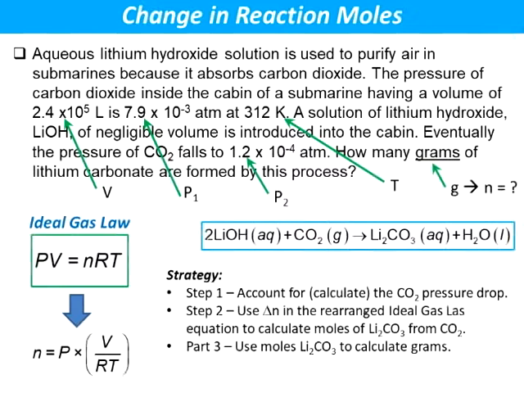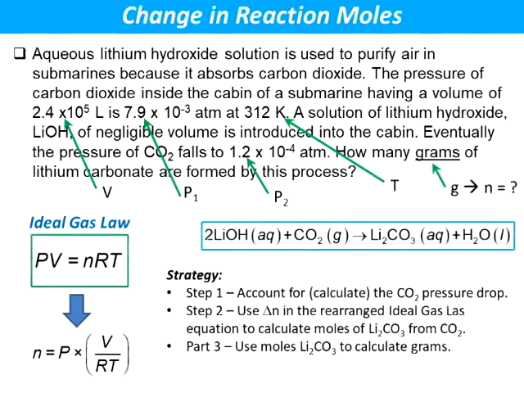Therefore, since I see PVT and moles through grams, I know that I can use an ideal gas law equation for this problem. I write out then my balanced equation. I must have a balanced equation when I work any of these problems. So when I take a look at my ideal gas law equation, I can rearrange it to solve for moles, which will get me to grams.